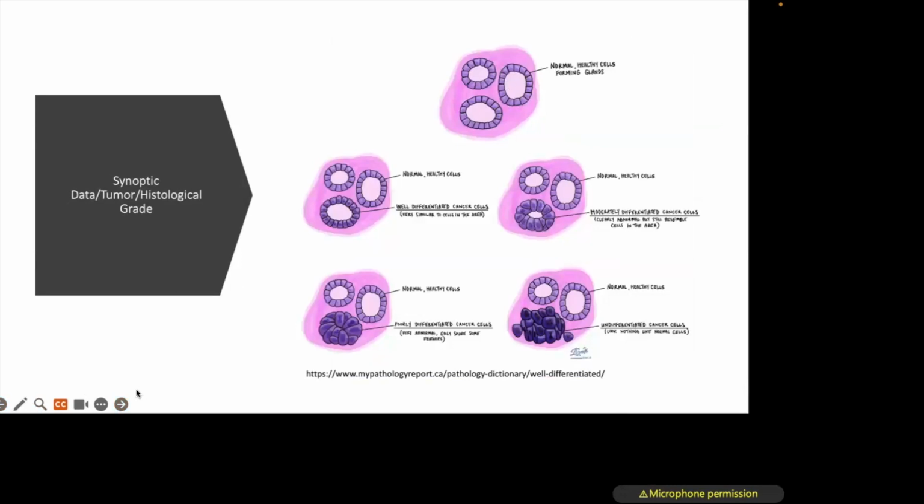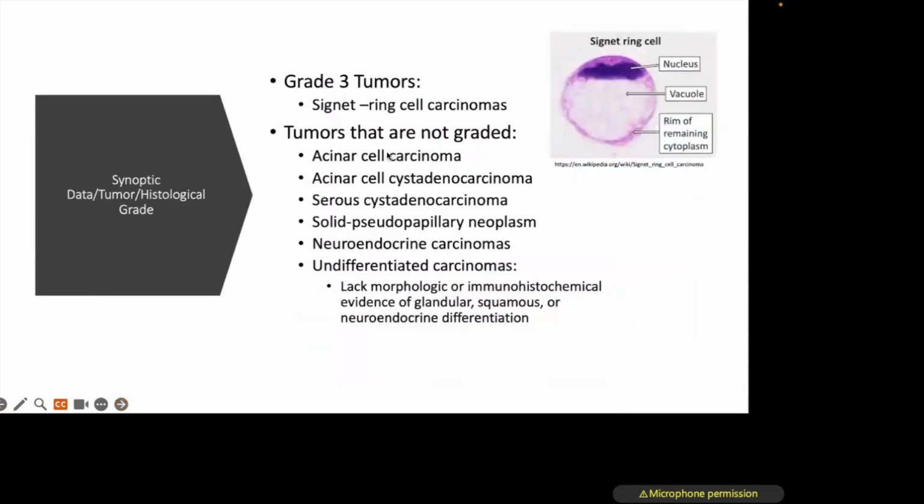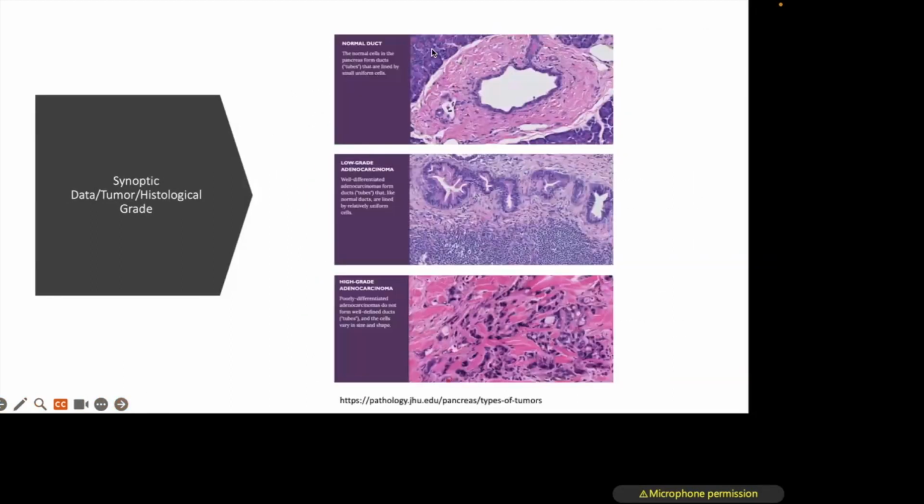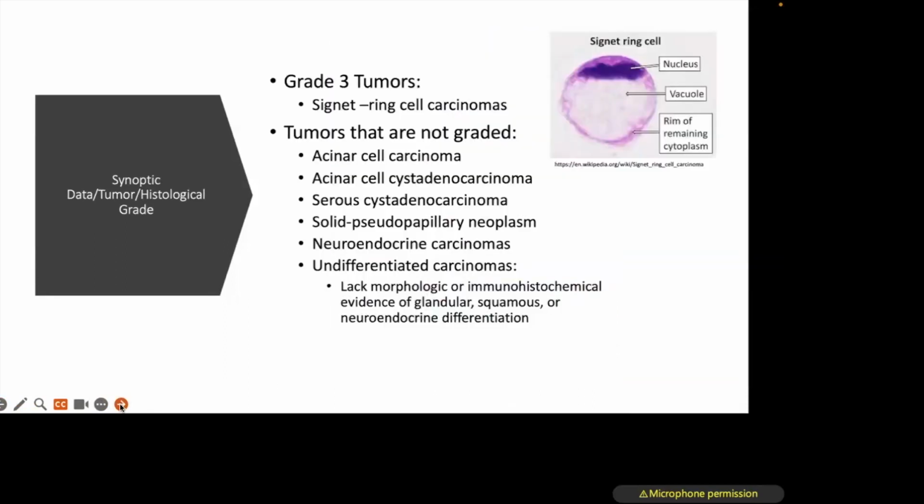Well, certain tumors, like an acinar cell carcinoma, do not come from the ducts. It actually comes from the surrounding acinar cells, which are these guys here, which produce all the enzymes. That's why it's not graded. And then undifferentiated tumors, since they don't stain for anything and they don't look like anything, we can't assign them a grade.